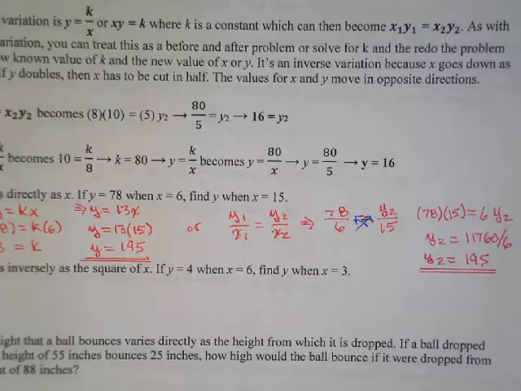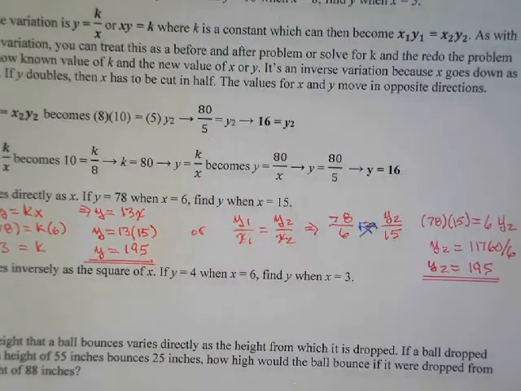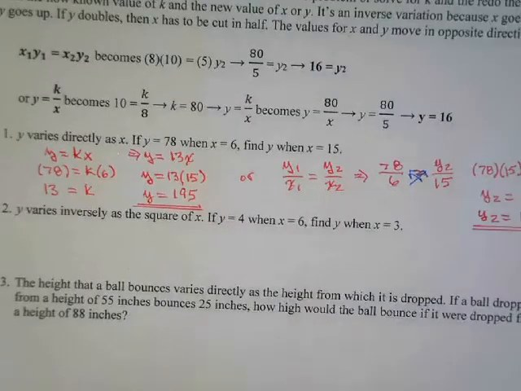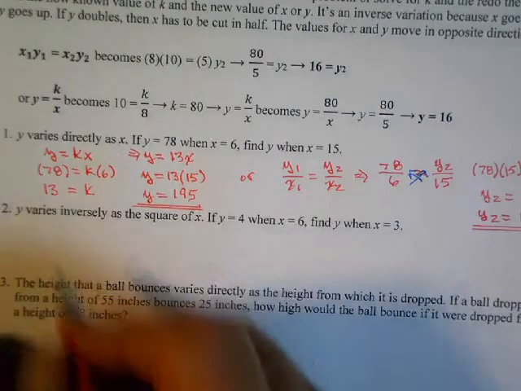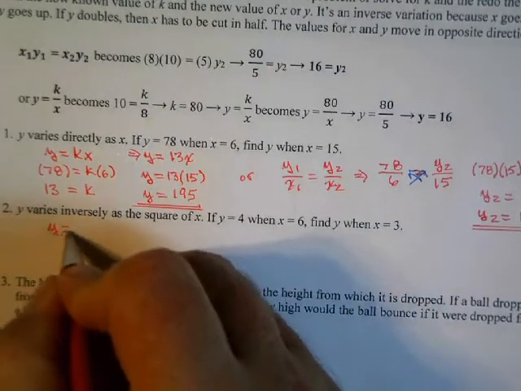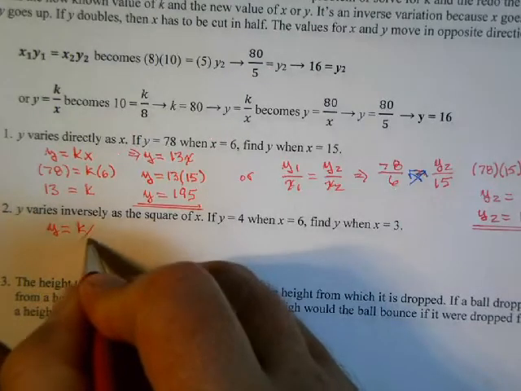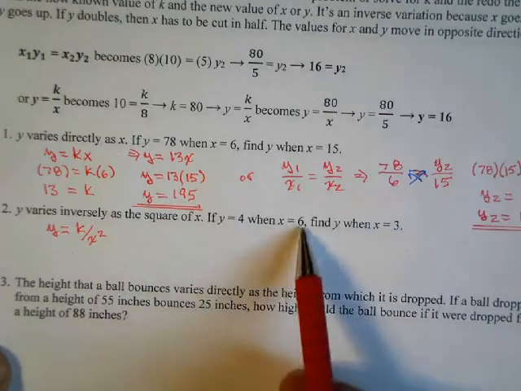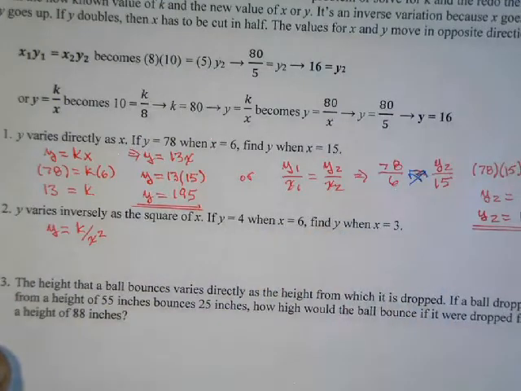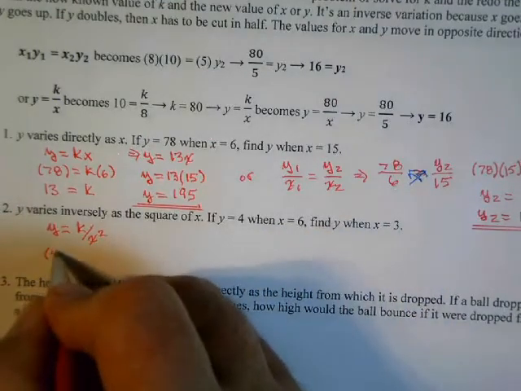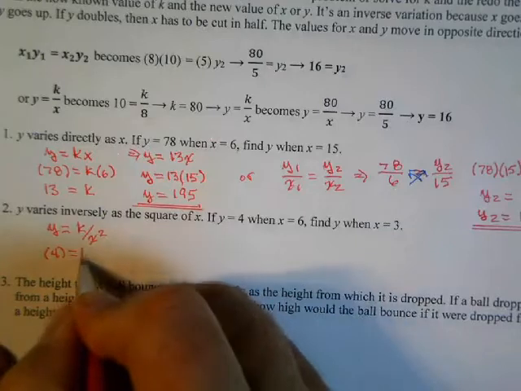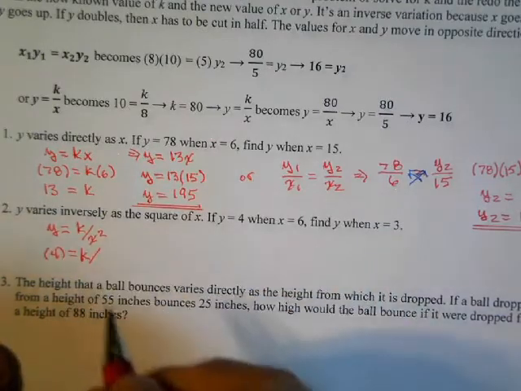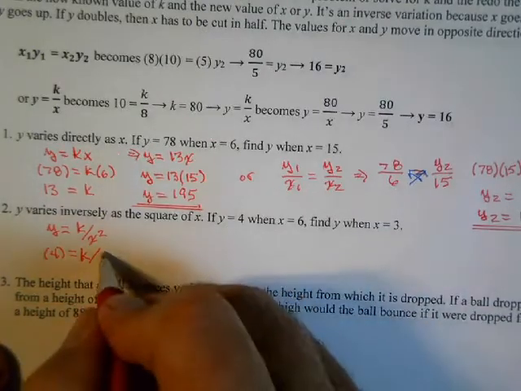All right, second example. y varies inversely as the square of x. So this is going to be k over x squared, the square of x, not just x. All right, and we got if y is 4 when x is 6, find y when x is 3. So 4 equals k over 6, make sure you do the square.